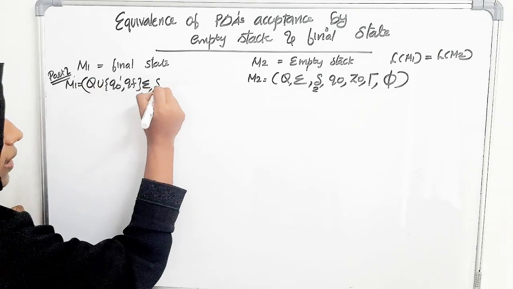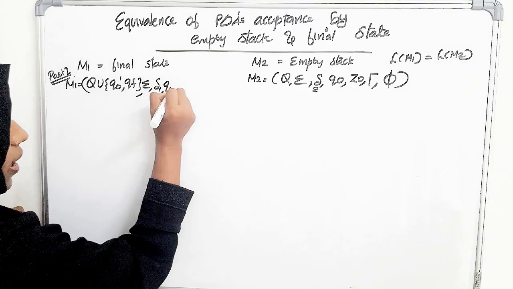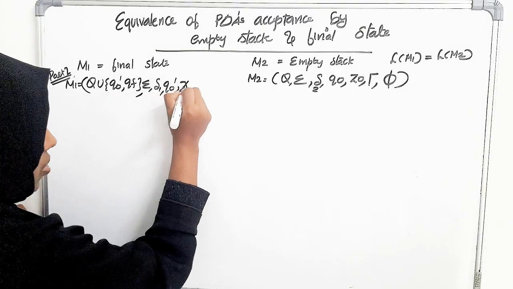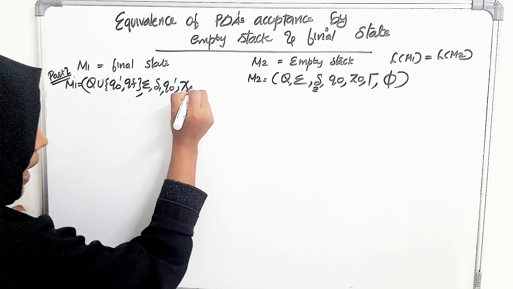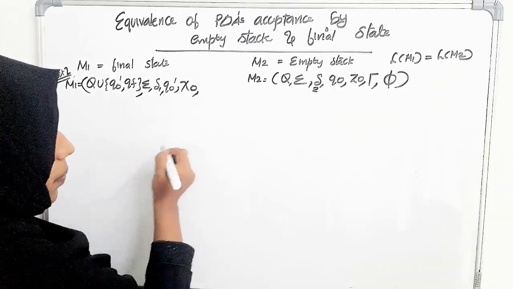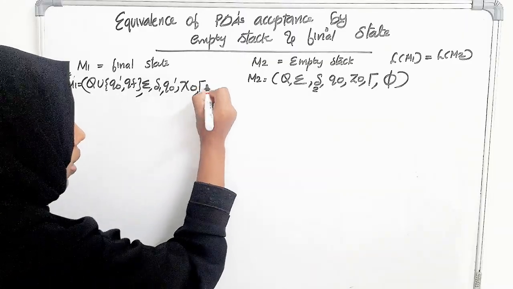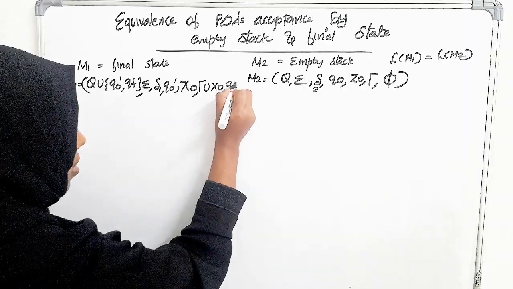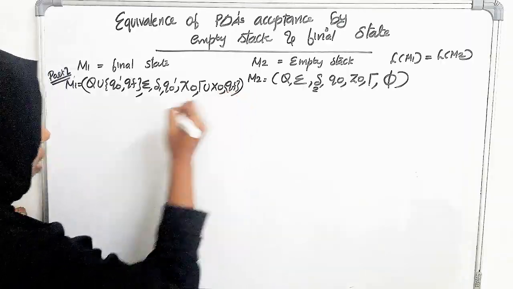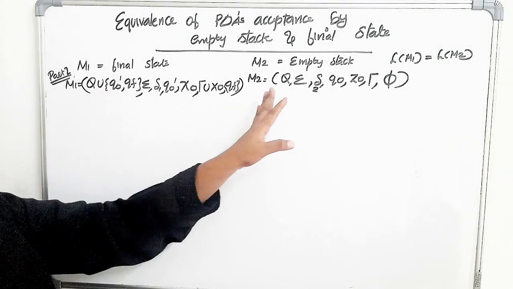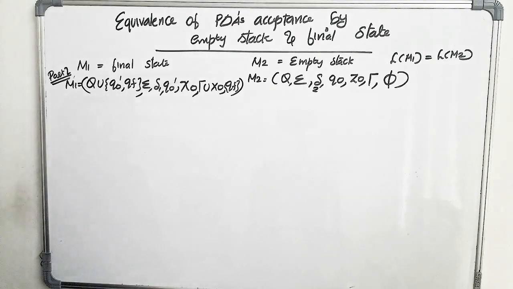Sigma is the same, delta 1, now Q0 dash is the new start state, and instead of Z0 we have X0 as the new stack bottom marker symbol. Now the stack alphabet contains tau and this additional X0. The set of accepting states is this QF that we have included here. So this is the tuple representation for M1, and this is the tuple representation for M2.